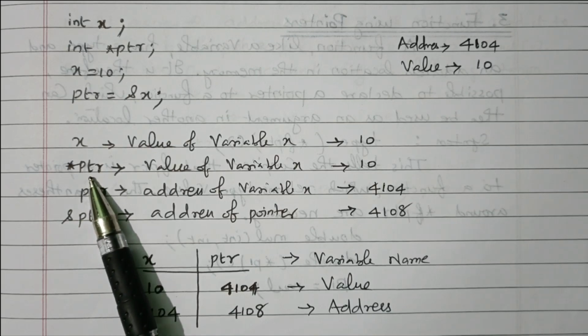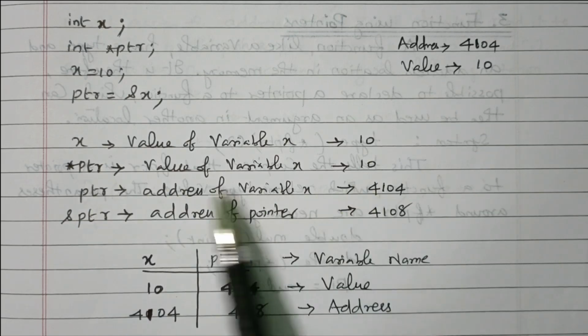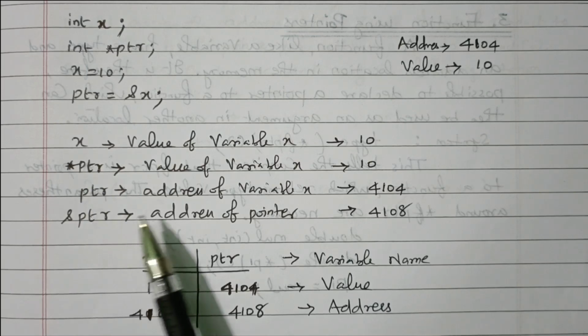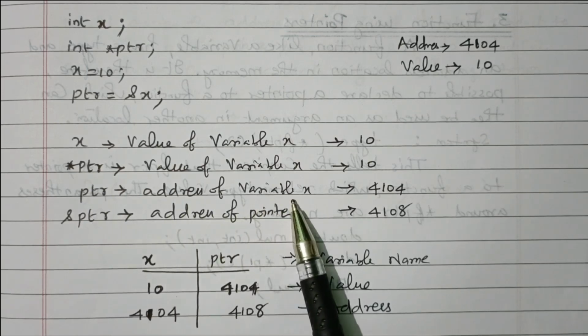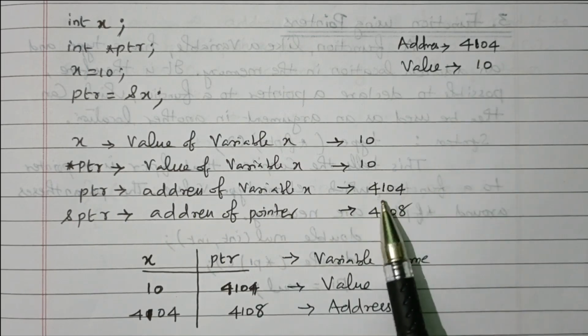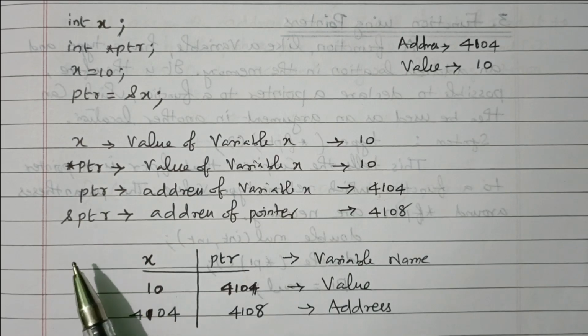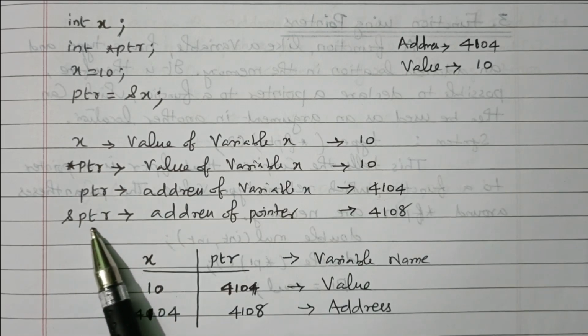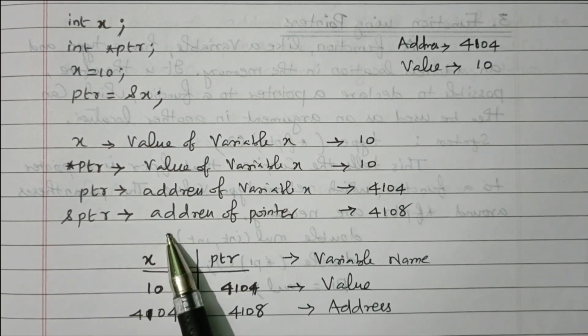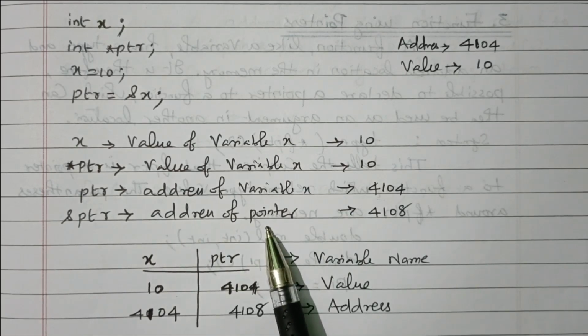The pointer at the address, the content at that address, will be given by *ptr. ptr alone, the pointer, will give the address of the variable x, 4104. So this address will be given if you refer to ptr. And the address of ptr, &ptr, will also give the address of the pointer.